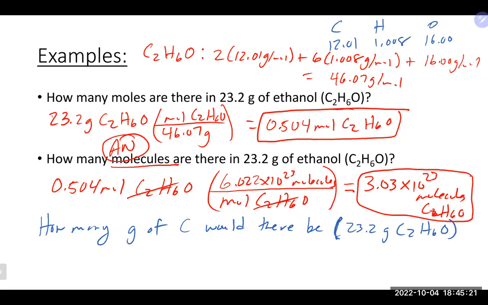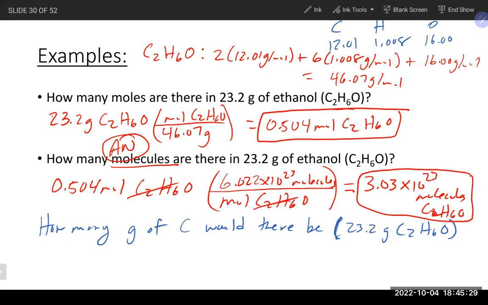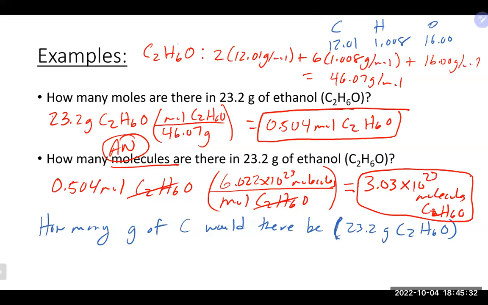Now look at the bottom one there. We want to know in this case how many grams of just carbon would there be in this amount of ethanol. So this is once again where we could use the actual formula as a conversion factor. And from the actual formula here, using our bottom numbers as moles, we see in 1 mole of the entire thing here, we have 2 moles of carbon.